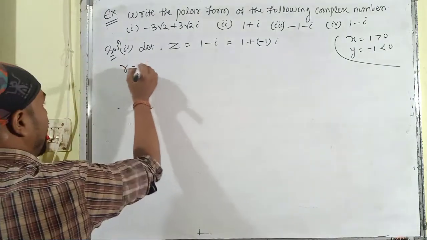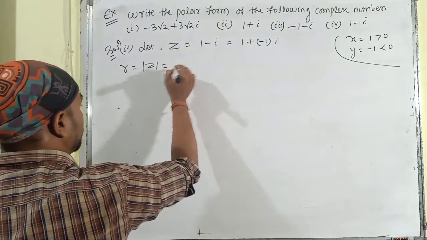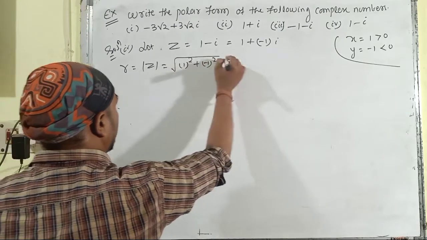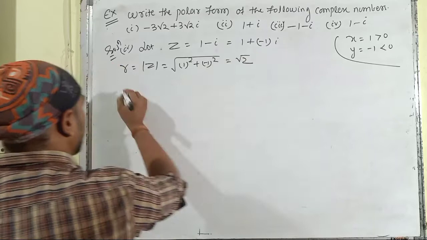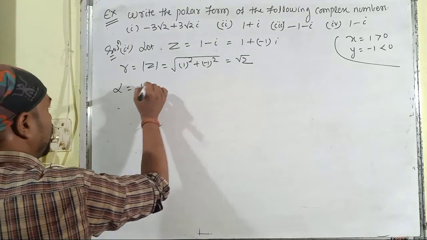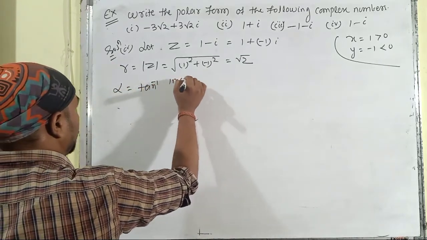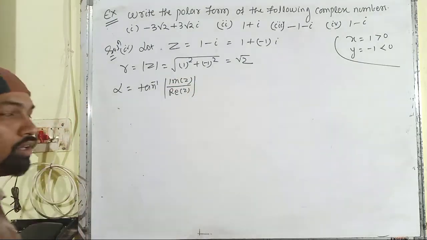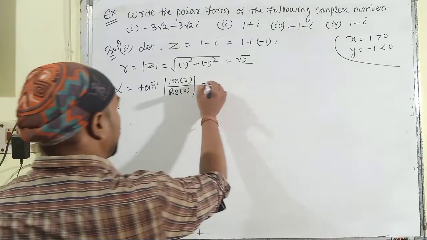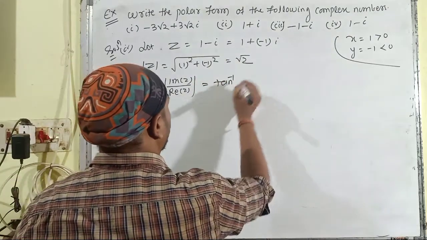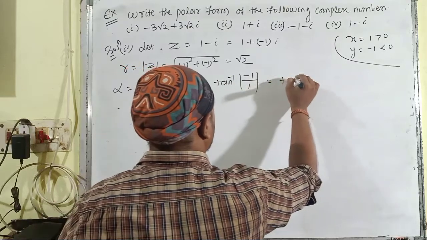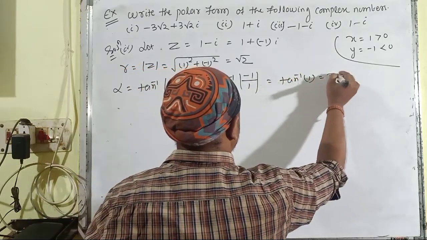Then the value of r is equal to modulus of z, which is root 2. Then the value of alpha is equal to tan inverse of the modulus of the imaginary part of z divided by the real part of z. Tan inverse of minus 1 divided by 1, and that is equal to tan inverse 1, and here it is equal to pi by 4.